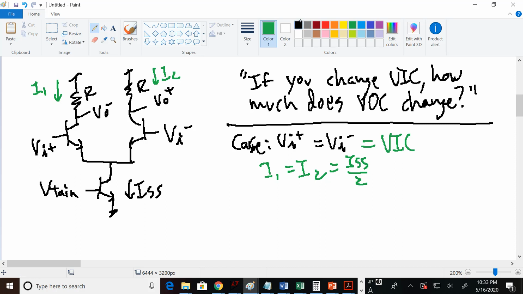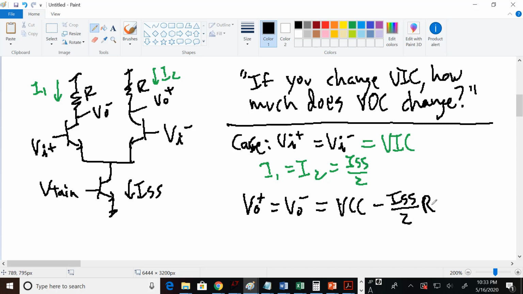Okay, so let's come up with an equation for the output. If these two are equal to each other, then V out plus equals V out minus. And it turns out what these equal is VCC minus ISS over 2 times the resistor, because that's the current going through both sides. So there's going to be some voltage drop across the resistor caused by the current going through the resistor, and that current is ISS over 2. So now both of your outputs equal this.